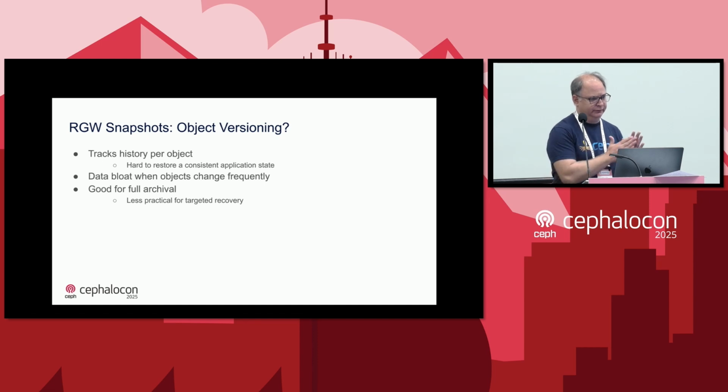So you can definitely go over all the objects and then back them up, but it's a per object history. You can't really get a consistent application state, because you might have more than one object. That's one thing. There's data bloat, because if you have an object that keeps being overwritten, then you might have 1,000, 2,000 objects there, 10,000.